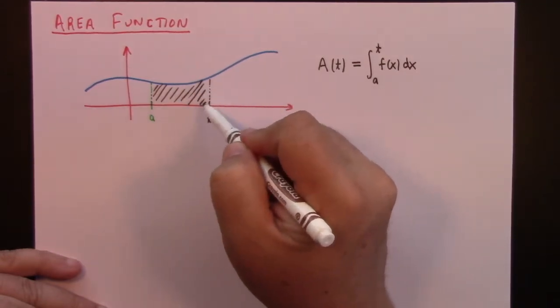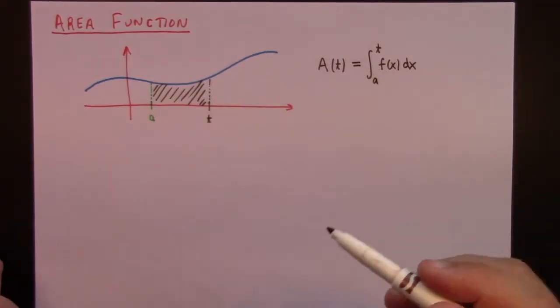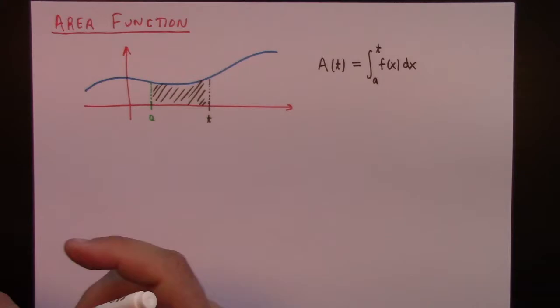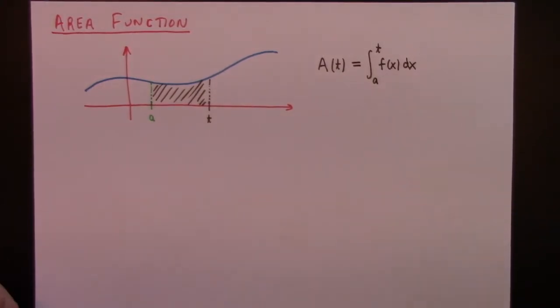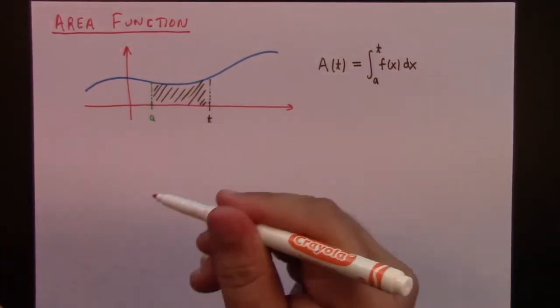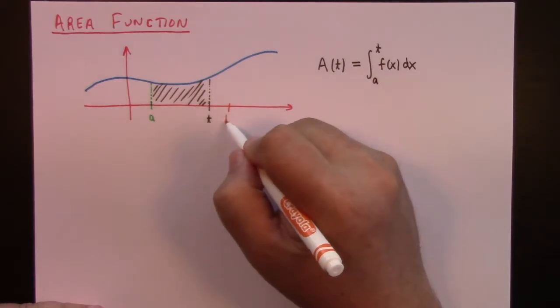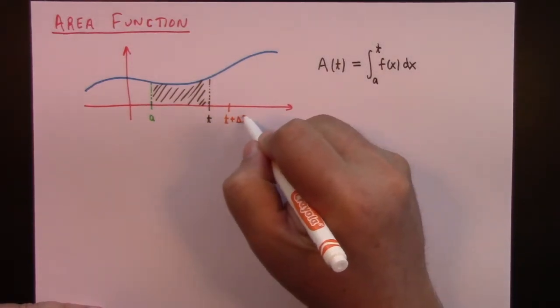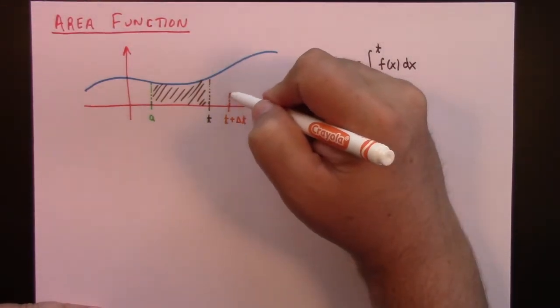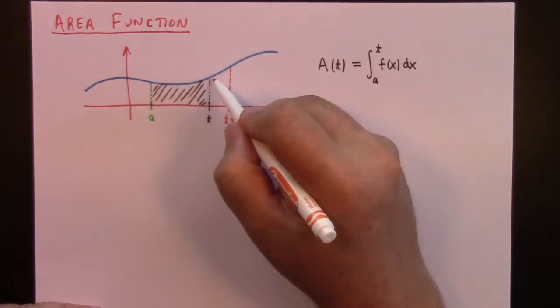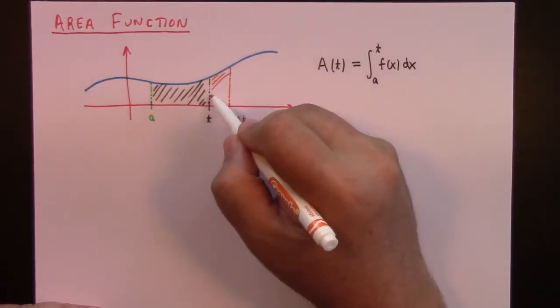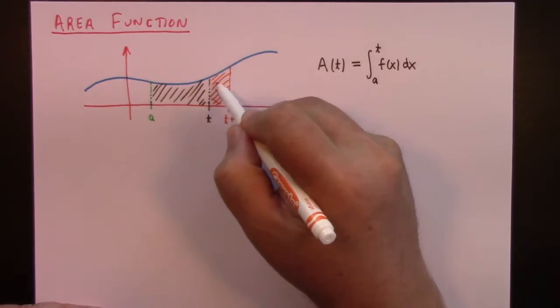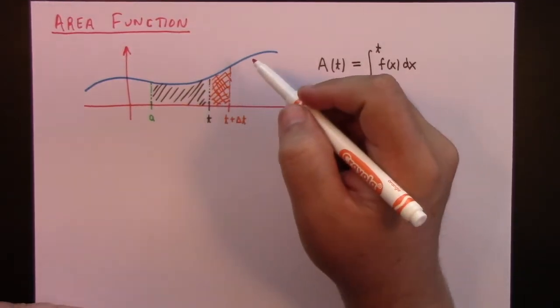Just that area, right? Now, just to give you a little bit of simple intuition for how the area function relates to the derivative, if we look at t plus delta t, right, just a little bit further, what's the difference? We've added this little orange strip right here, right? I'll crosshatch it.